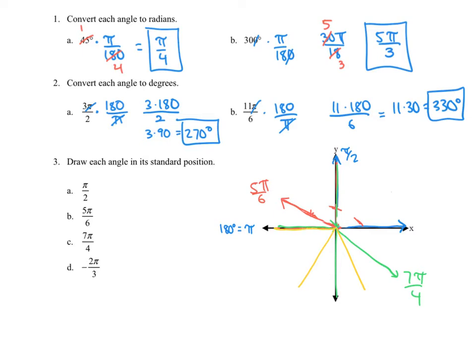So negative 2 pi over 3 would be here. And I'll erase the rest of this mess. And that would be those angles drawn in their standard position. And for all of the angles, the initial side was on the positive x-axis.